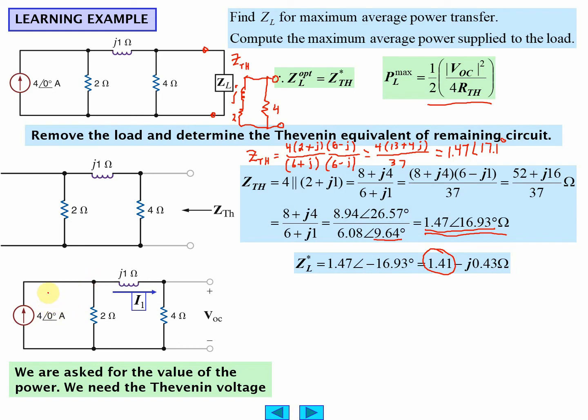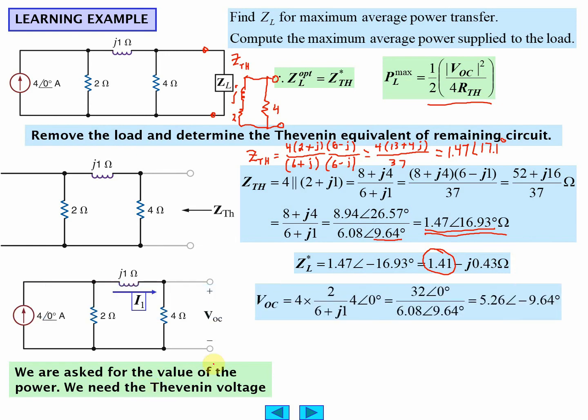We have total current going through here, so I1 is going to equal the 2 divided by 4 plus 2 plus j, all 3. So that's going to be I1. I1 times 4 ohms is going to give you VOC, and we have to multiply it by the current that's being divided. So let's take a look at that.